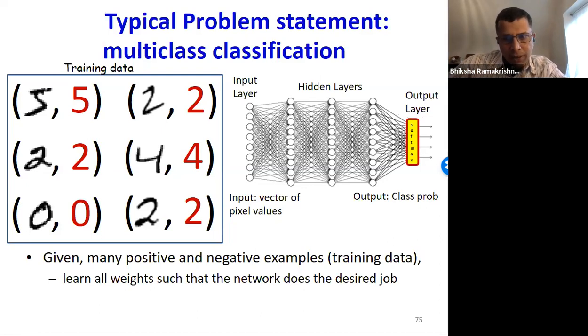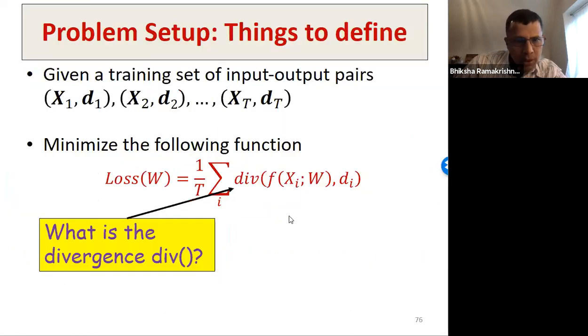Regardless, eventually the target output is going to be one hot and the actual output is going to be a probability distribution. And so we've defined what this function is and what these guys are.